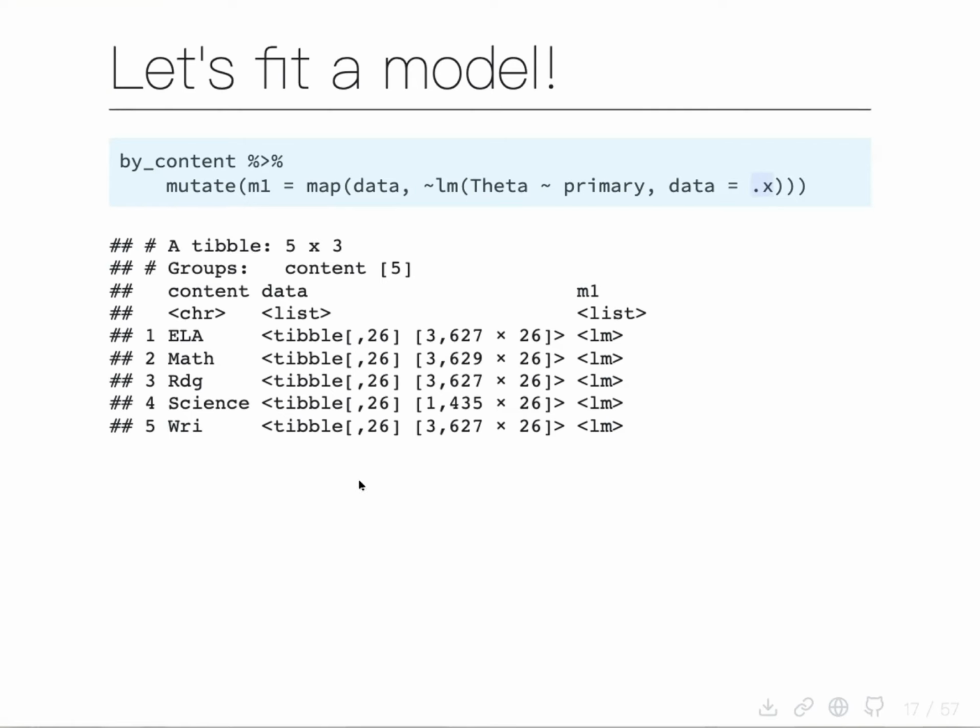And so what I get in return is a list column where each element is a model, right? It's an LM object, which is a list. Does that make sense?